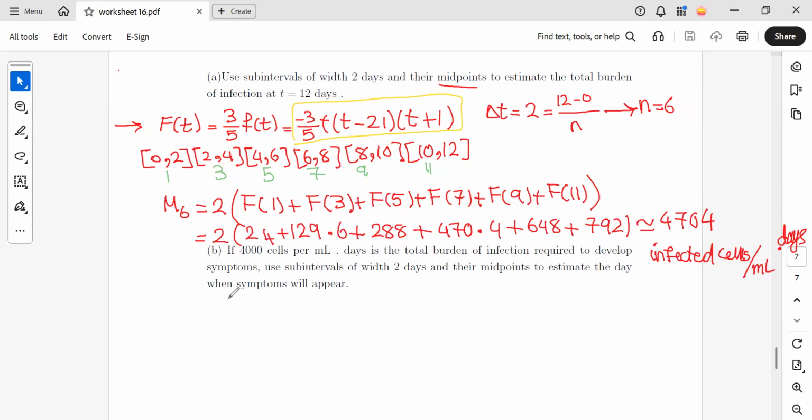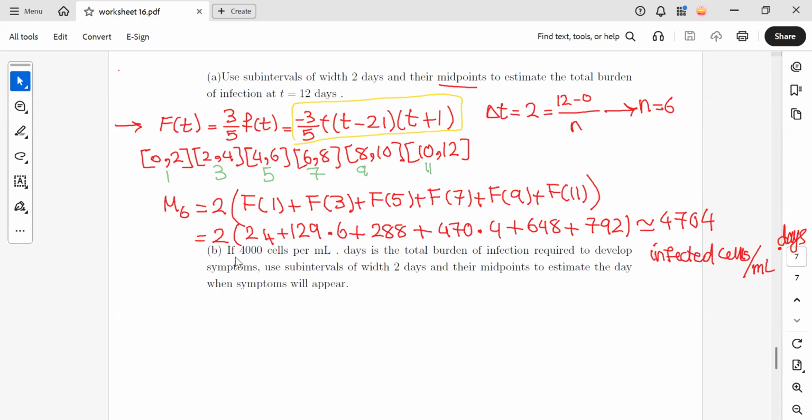Part B is saying that if 4,000 cells per milliliter times days is the total burden of infection required to develop symptoms, use subintervals of width 2 days and their midpoint to estimate the day when symptoms will appear.